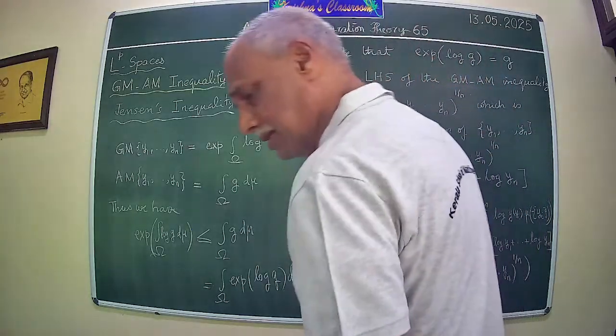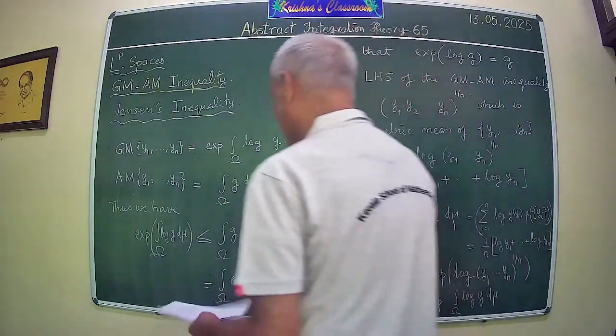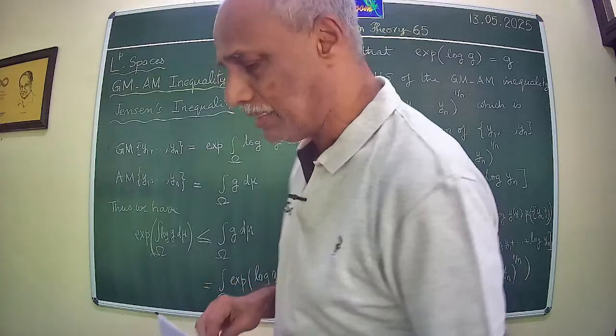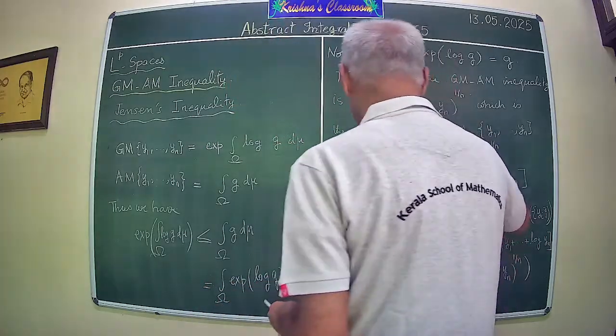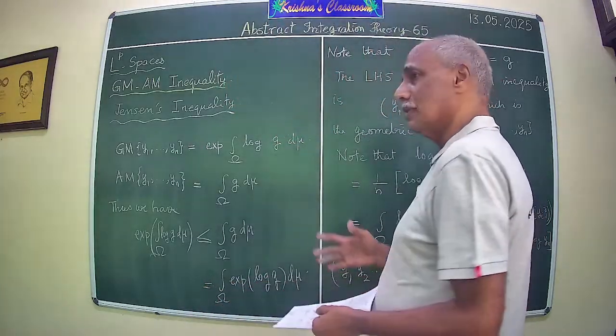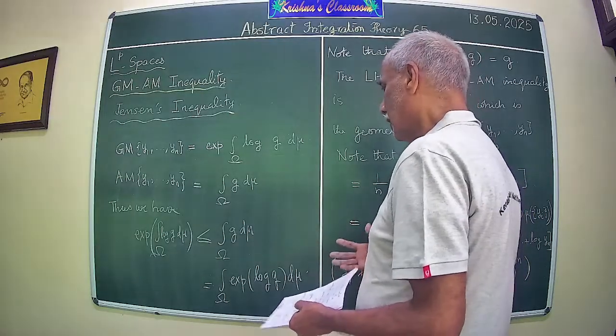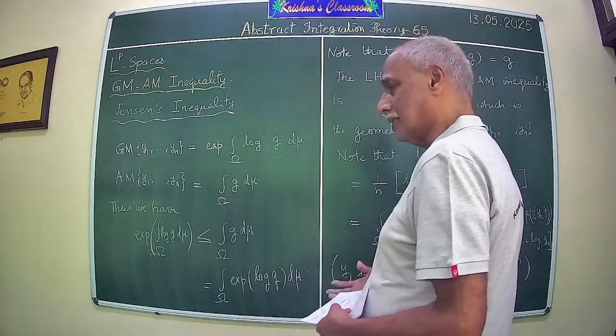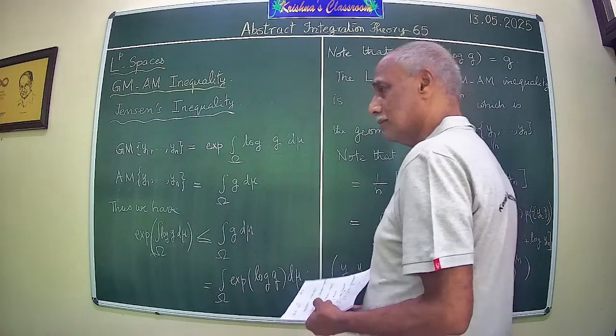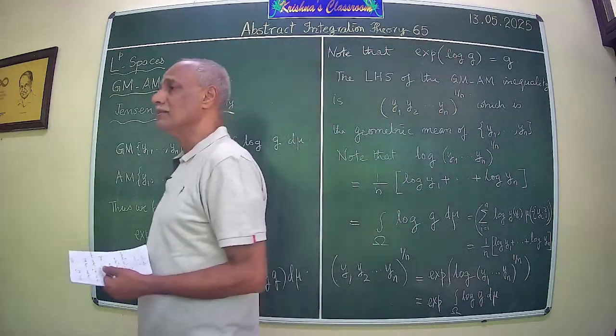Now we write, so this is the inequality. So the AM-GM inequality is now rewritten using integration as an integral on an appropriate measure space. Okay.